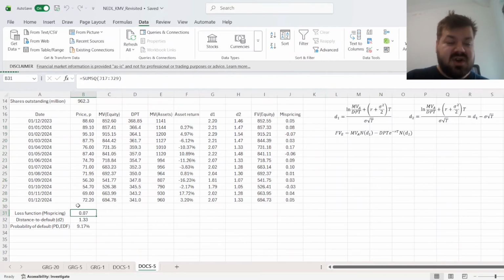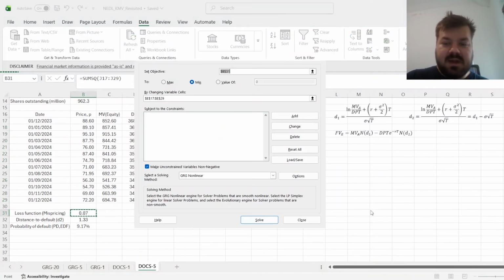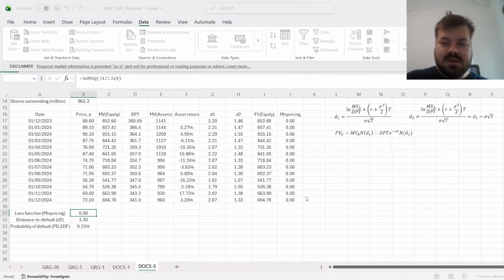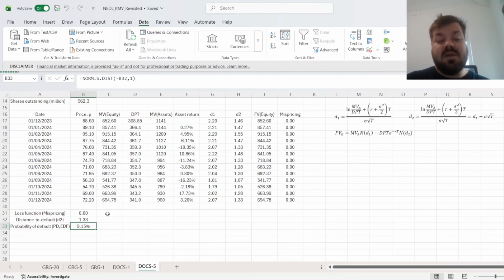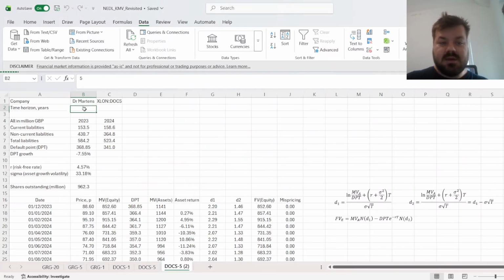The loss function is quite close to zero, but again, if that bothers you, you could run Solver again, and that provides exact or almost exact convergence, and the 5-year probability of default of 9%, so that's non-negligible. That can be alarming for some debt holders of Dr. Martens, arguably.